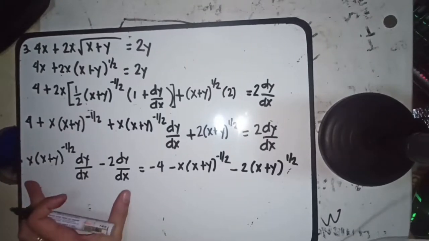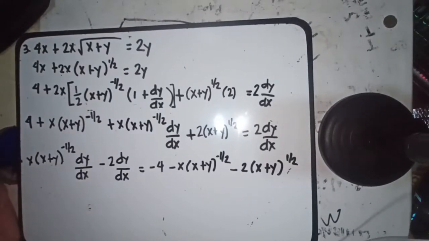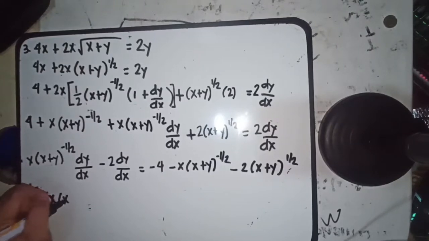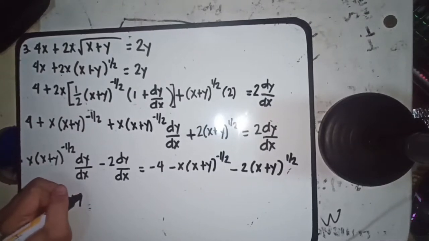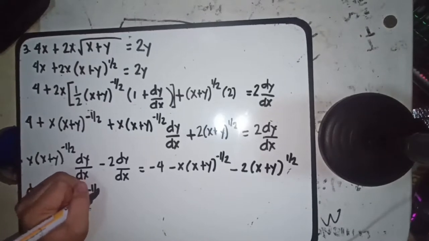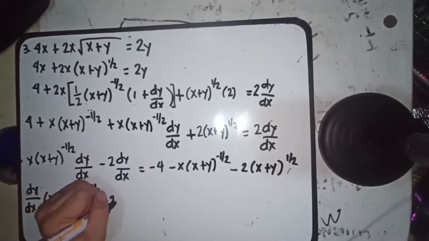Okay, next, we factor out dy over dx. So, we'll have dy over dx times, what remains, x times x plus y raised to the power of negative 1 half minus 2.